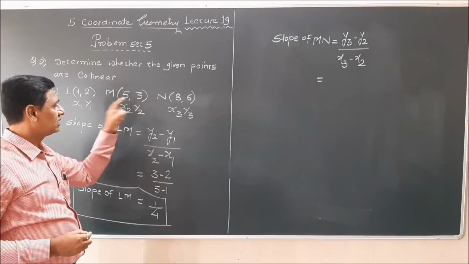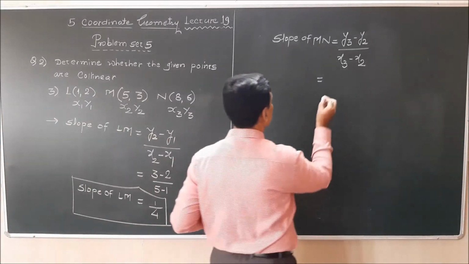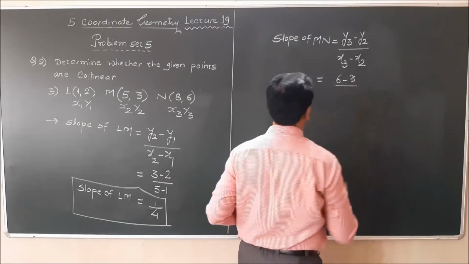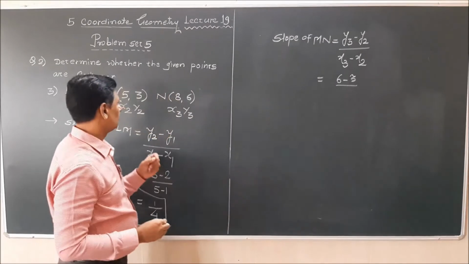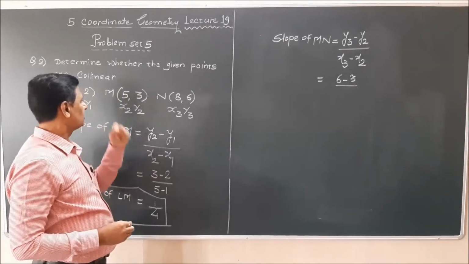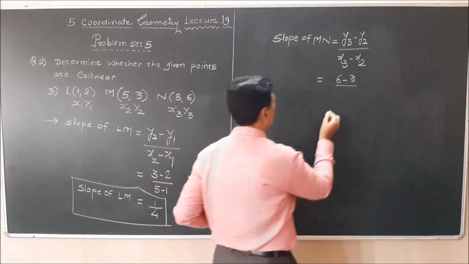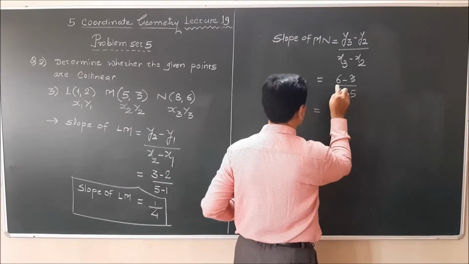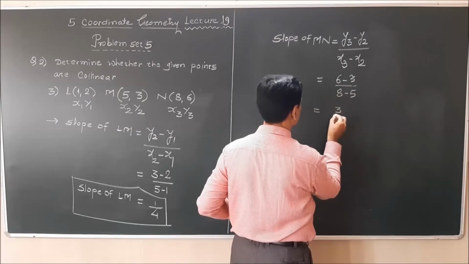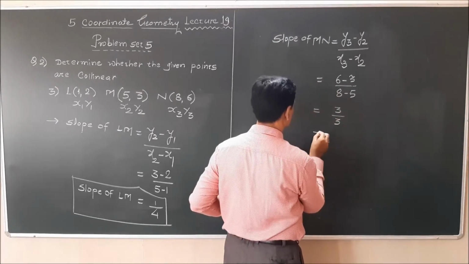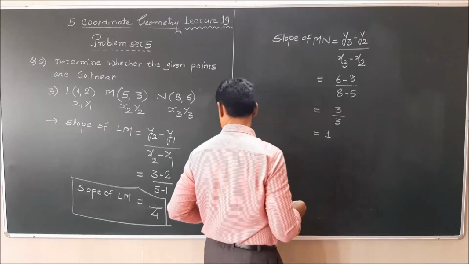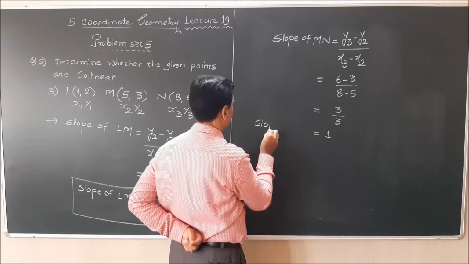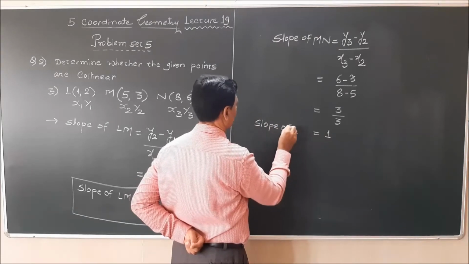So 6 minus 3 upon x3 minus x2, 8 minus 5. So that will give us 6 minus 3 as 3, here also 3. So slope of MN is 1.